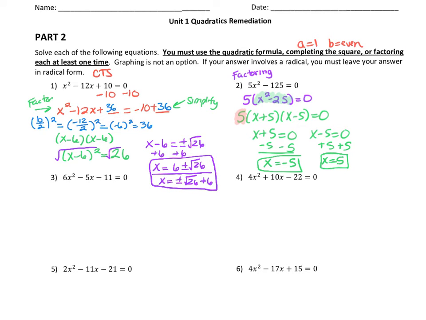So now, if something is not factorable, or we can't solve it by completing the square because the a is not 1 or the b is not even, then our final option is to do quadratic formula. So in number 4, this is an example of something that's not factorable, and also we will not solve by completing the square. So I'm going to do quad formula for this one.